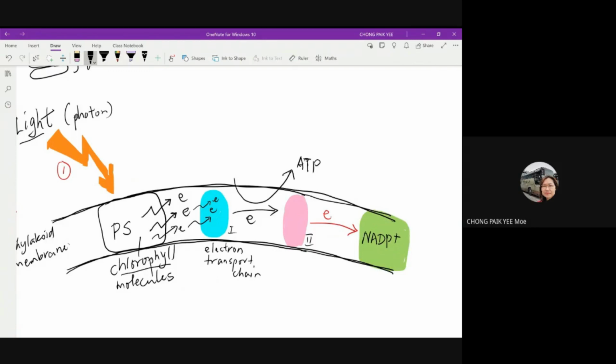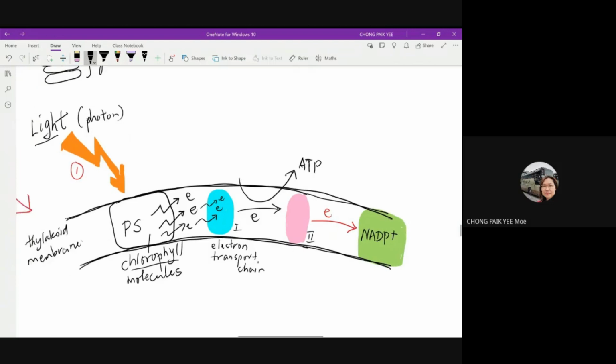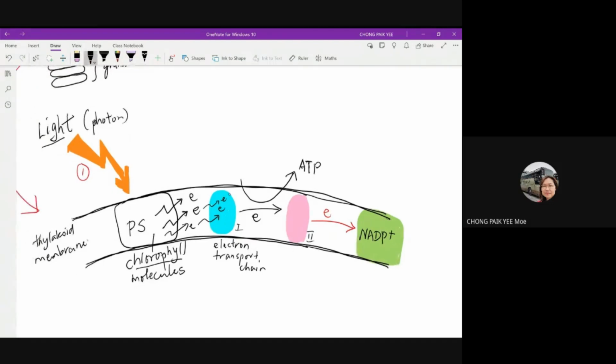Okay, ATP molecule. As you go along, you can jot this down. ATP, as I mentioned last week, is made from ADP plus inorganic phosphate. In order to form ATP, which is adenosine triphosphate, you need adenosine diphosphate plus another phosphate group. When you add these two, you get an ATP, and this is energy rich.